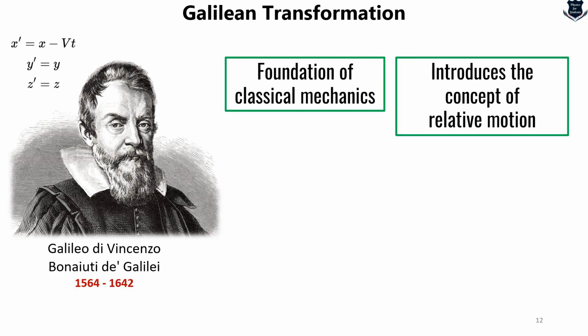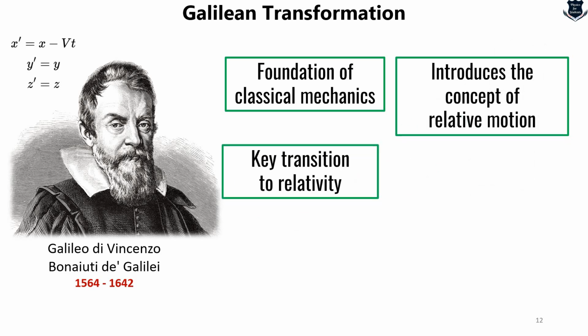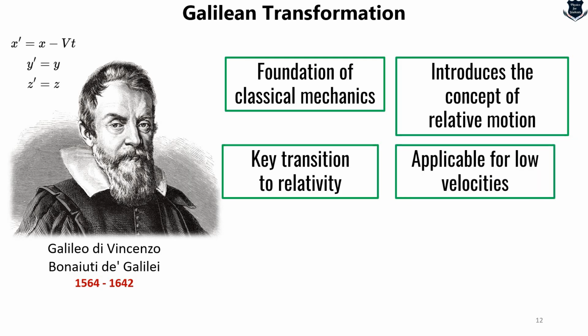Number two, it introduces the concept of relative motion, demonstrating that motion is relative to the chosen frame of reference. Third, it provided a key transition to relativity, because it highlights the need for a new framework when dealing with high-speed motion, making it crucial for the evolution of modern physics.